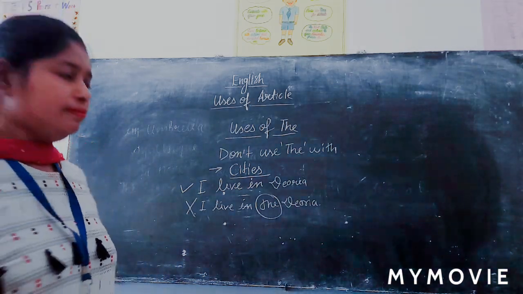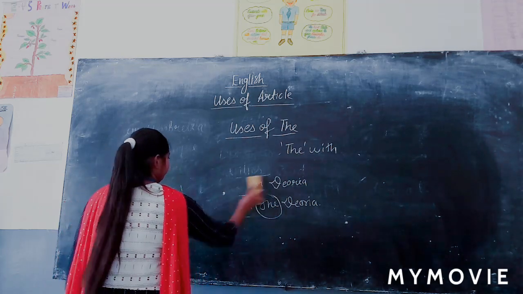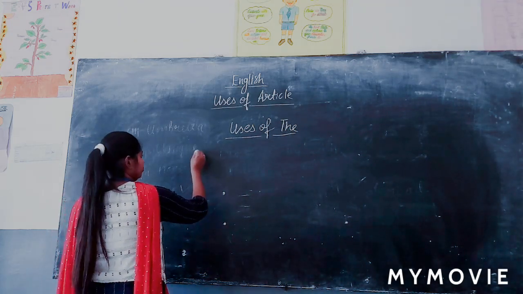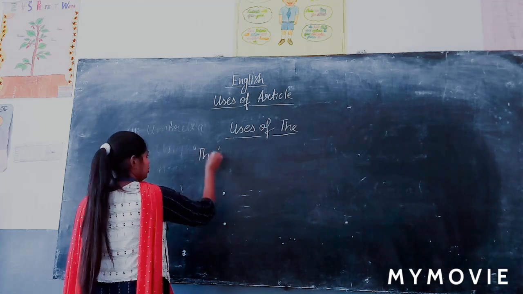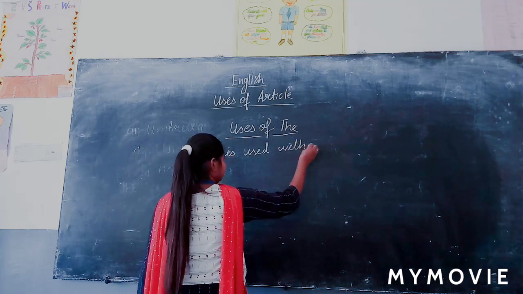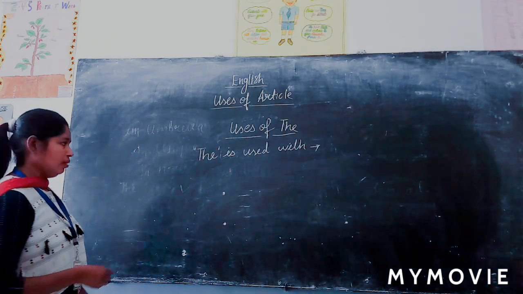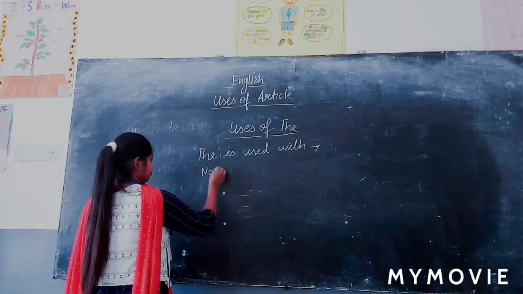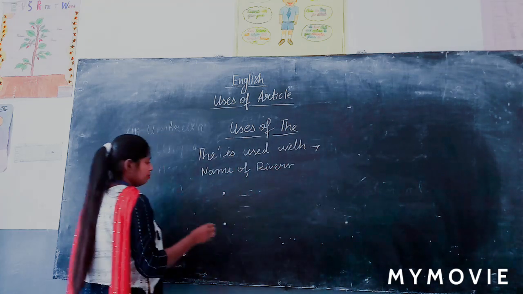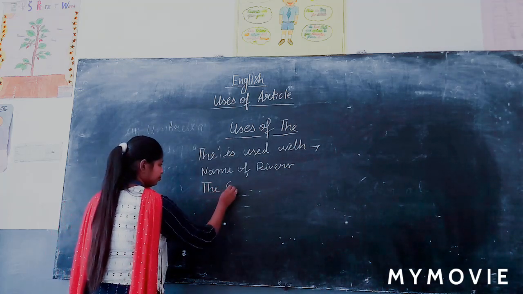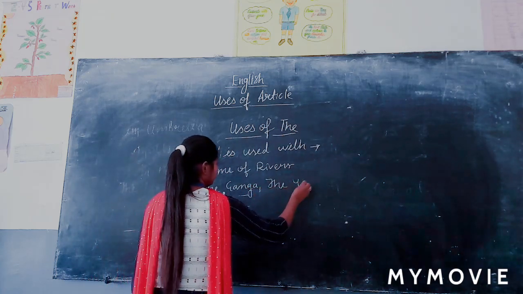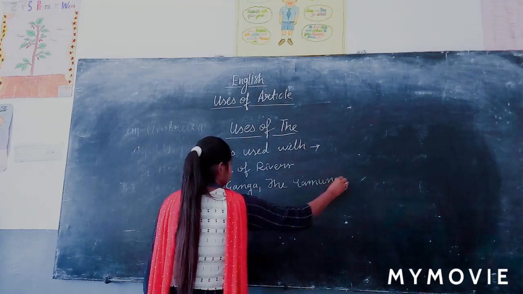The is used with the name of rivers. For example, the Ganga, the Yamuna, and so on.